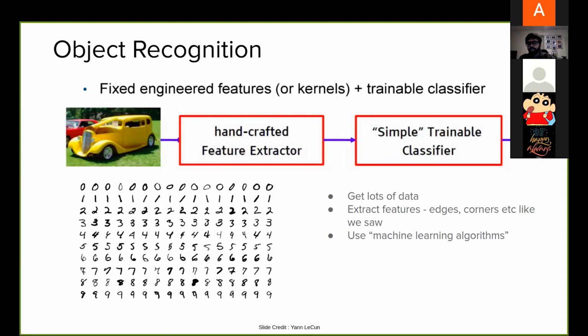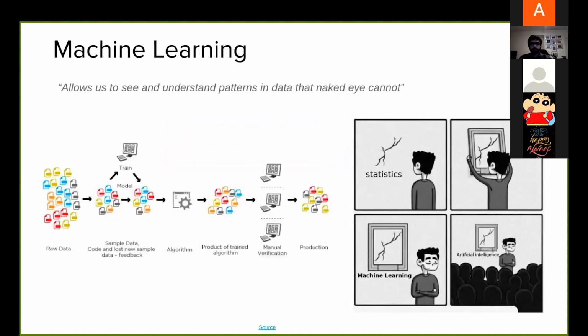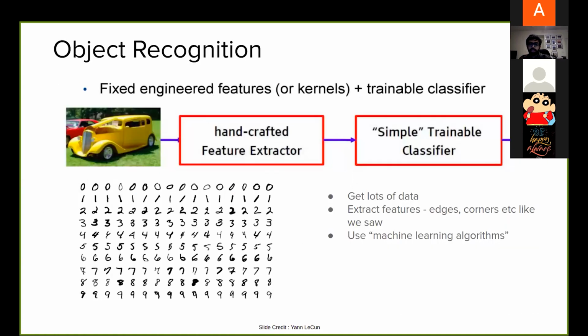Now, how does research move forward? They try to think of the limitations of their current approaches and how we can do better than them. Okay, so machine learning effectively allows us to see and understand patterns in data that the naked eye cannot. So, for example, here it's very easy for the naked eye to understand the difference between 0 and 1. But when it's so many different kinds of cars, it's not as simple as saying that there's one edge and one corner.